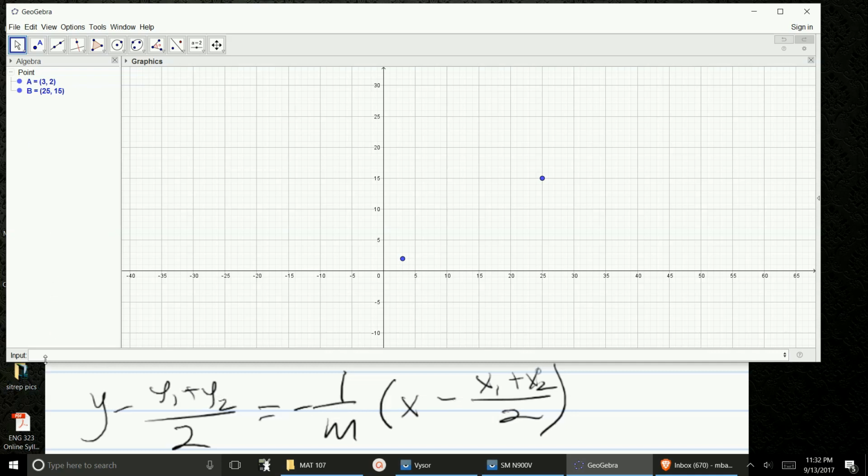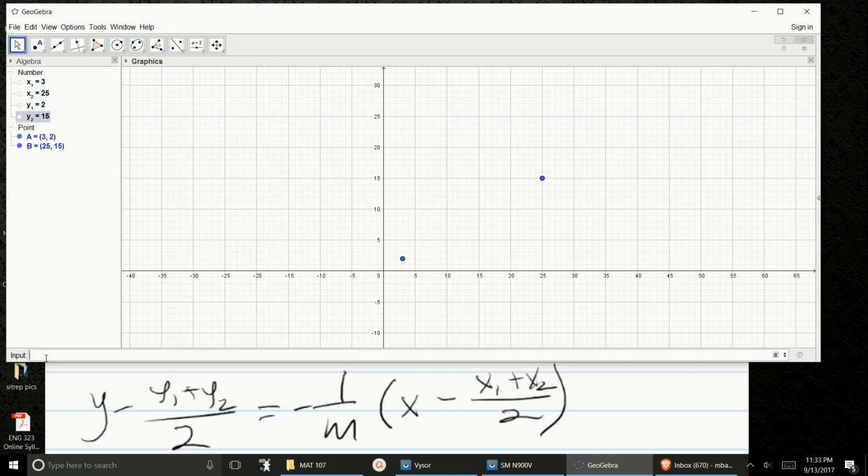So I'm just going to define x1 to be the x coordinate of the point A. So see how I brought the 3 up? I'm going to say that y1 is the y coordinate of the point A. So x2 is the x coordinate of the point B, and y2 is the y coordinate of the point B.